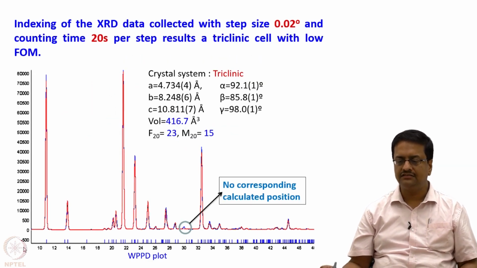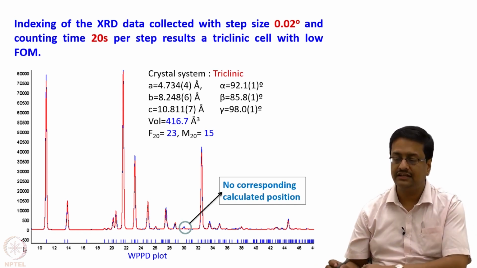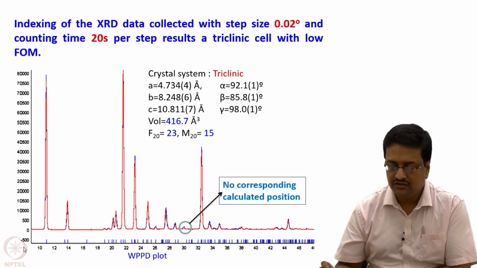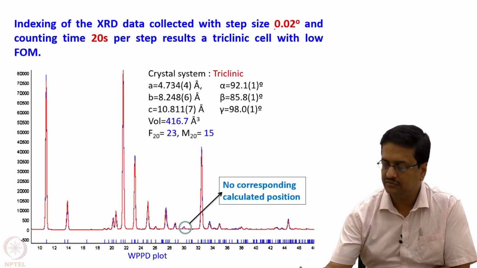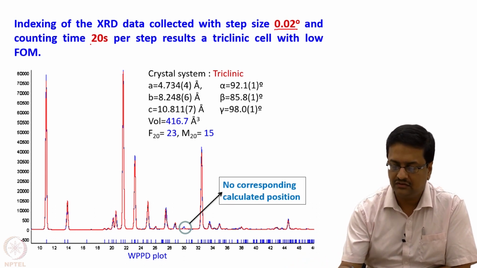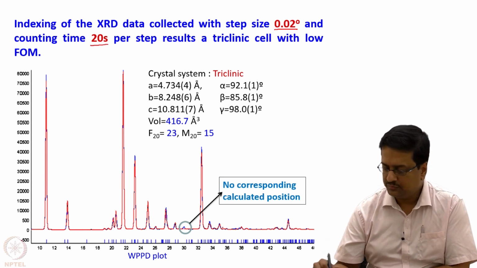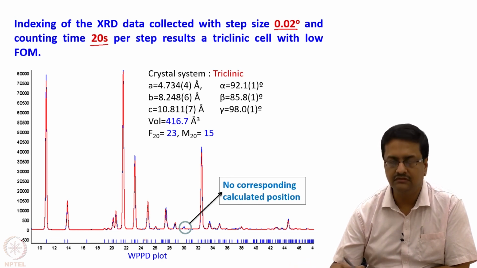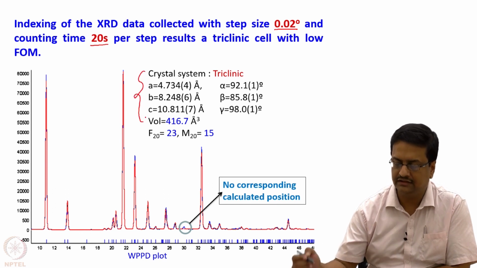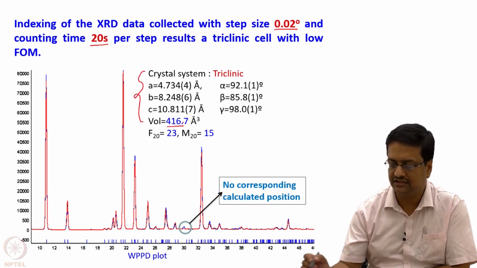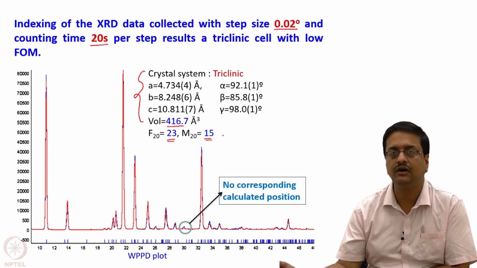Here is one classic example of the use of a better step size than normal. When this data was recorded with a step size of 0.02 degree and a counting time of 20 seconds per step, all the peaks that were selected gave us one triclinic lattice like this with volume 416 cubic angstrom, but we saw that the figure of merit values are very small.